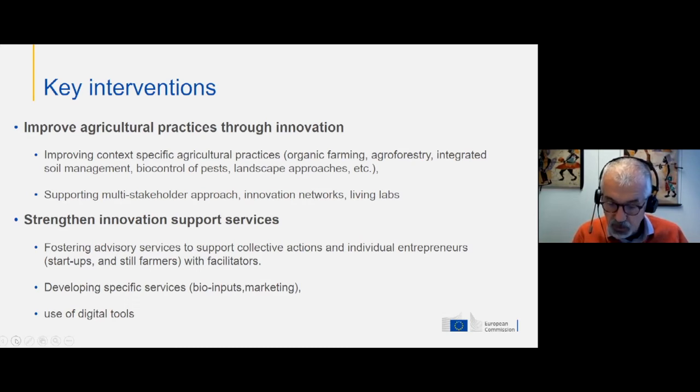But this strengthening of the support service needs to be looking at people that are more facilitators rather than people that are telling you what to do. It's a new form of support. There is also the need to develop specific services.